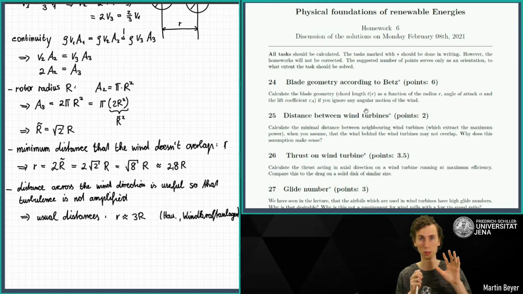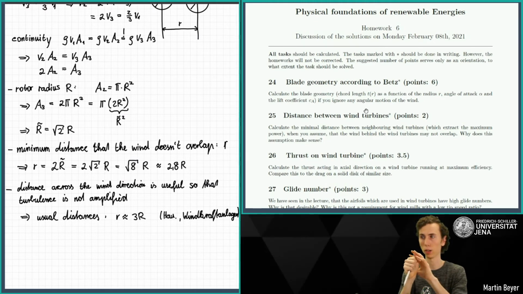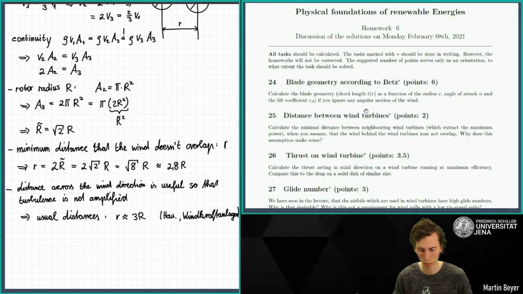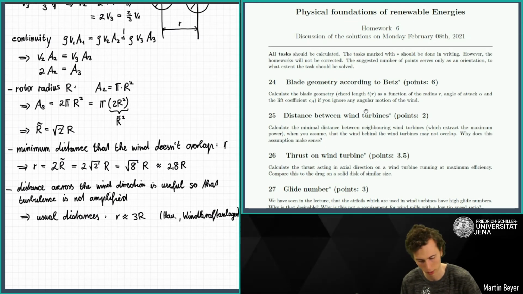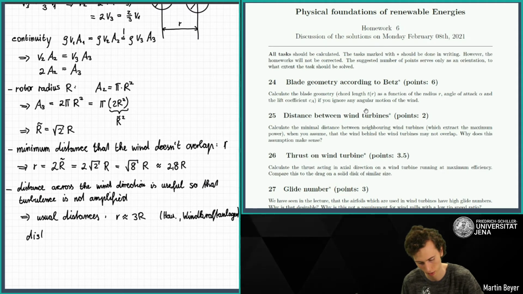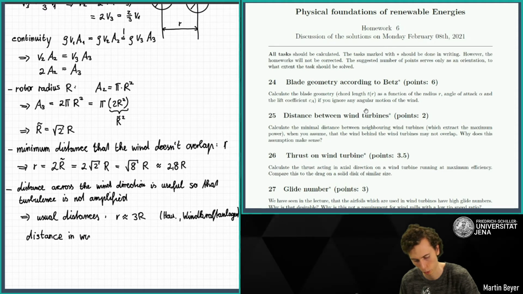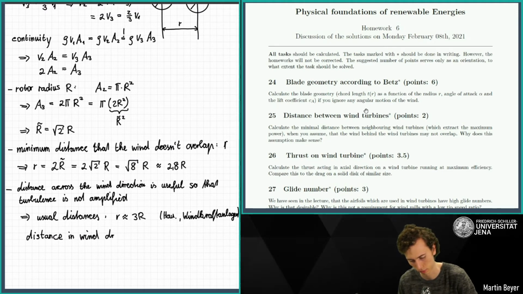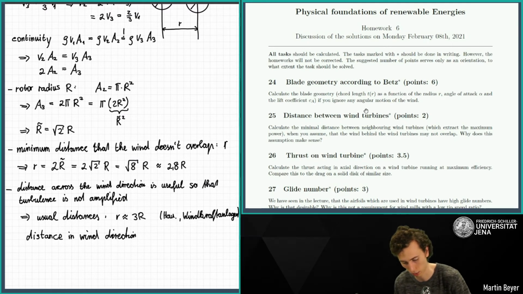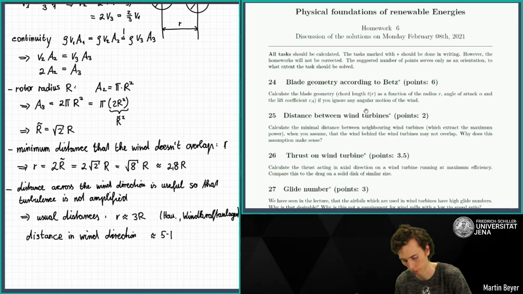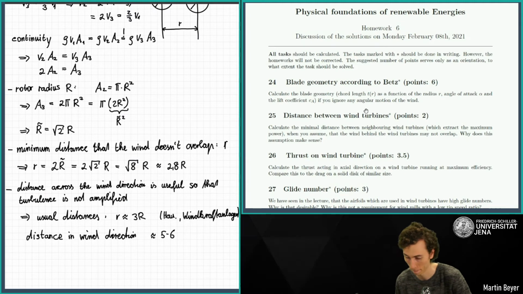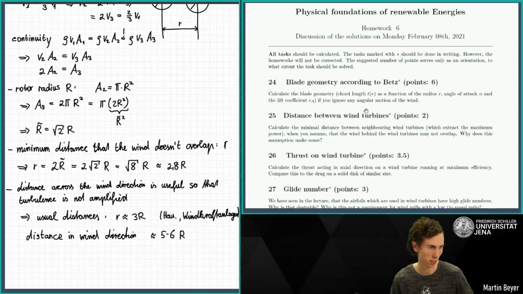So if we have a wind turbine and the wind is coming from that direction, and we want to build another one behind this, the distance in wind direction is about 5 to 6 R. So double the distance. Okay, so some interesting additional fact here.